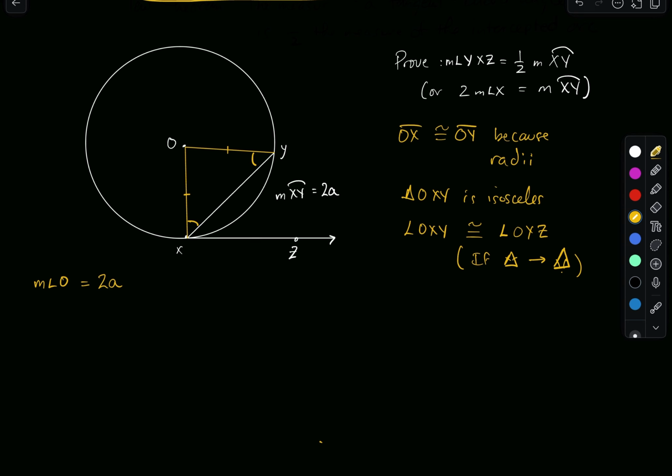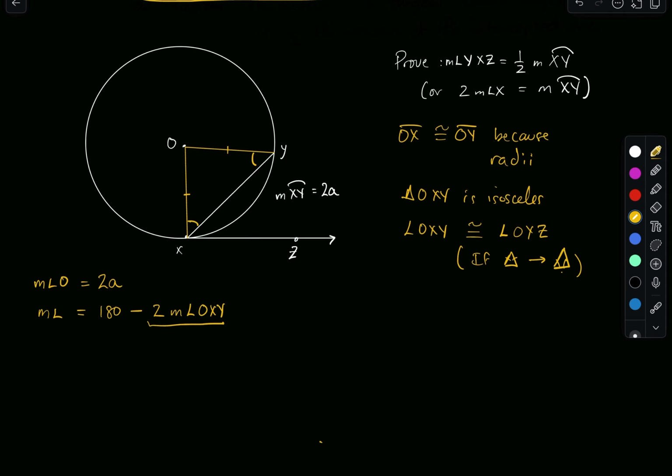The other thing I know about it is that it's equal to 180 degrees minus twice the measure of angle YXO, or I've been calling it OXY, so let's keep doing that, OXY. Do you see why that's true?